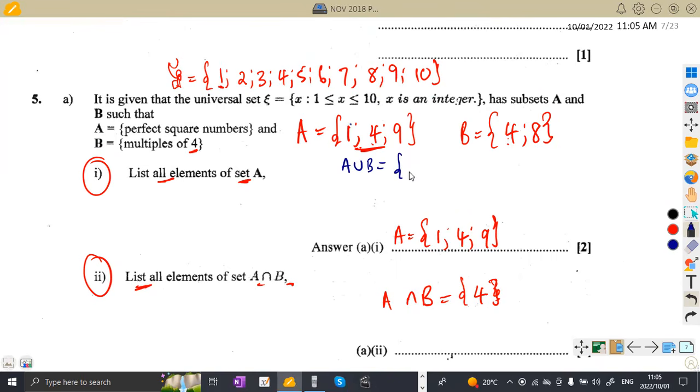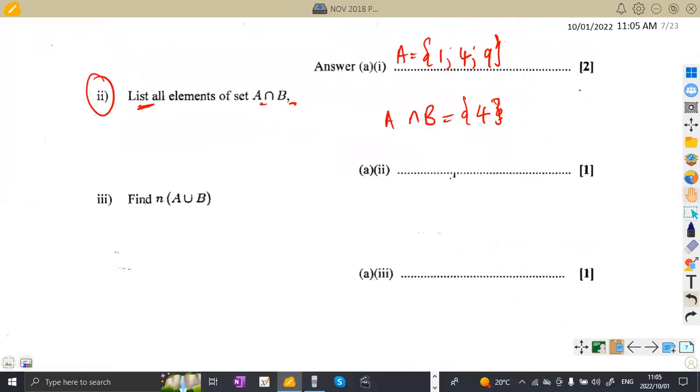So we've got 1. We have got 4. 4 is repeating, we've got 4 here, we've got 4. So don't repeat, just write it once. We have got 8. We have got 9. These are the elements that we have when you combine A and B. So how many are they? 1, 2, 3, 4. So that is the answer that you're going to write. So the number of elements here is 4. That is what we are asked to do.